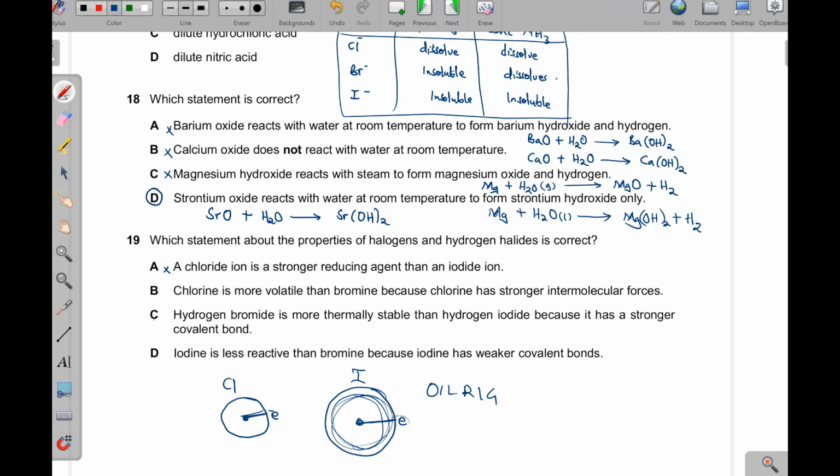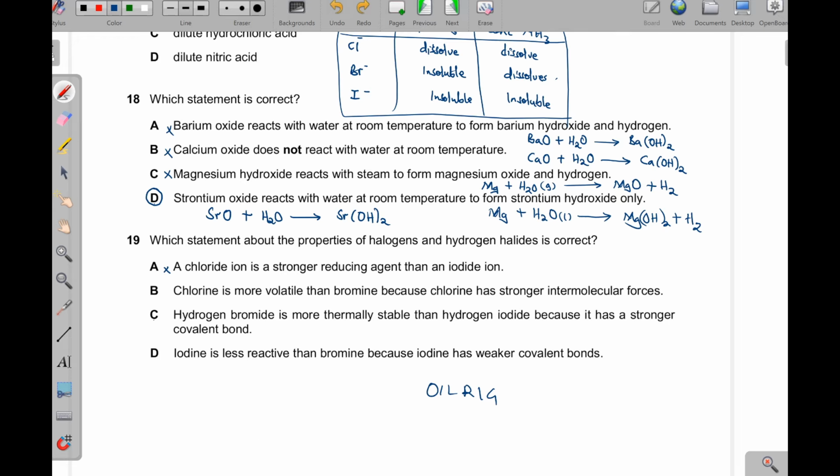So it is easy to lose an electron this way than to gain it. If it becomes easy for you to lose an electron, then you are becoming oxidized. So therefore you are a reducing agent, because a reducing agent is the one that is oxidized in return. You see that? So that has to be that.